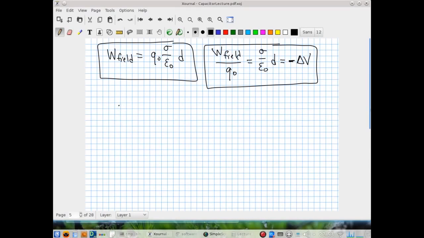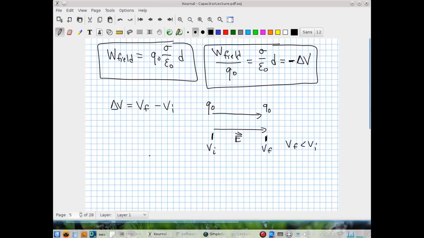Now let's have a look at delta V. As a reminder, delta V is equal to the final potential minus the initial potential. And because we're talking about a positive test charge moving in the same direction as the electric field in this particular example, we're talking about going from a point of high electric potential to a point of low electric potential. So if this is the initial potential and this is the final, V final will be less than V initial.